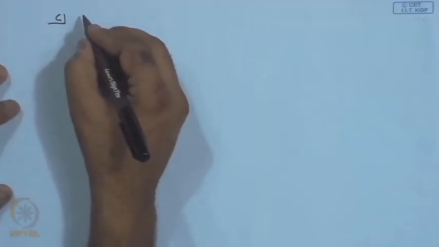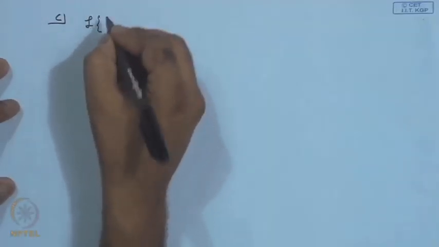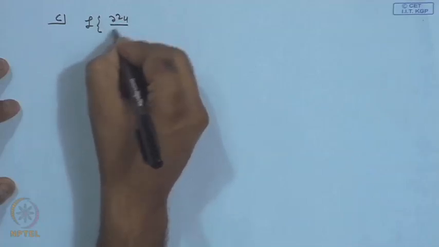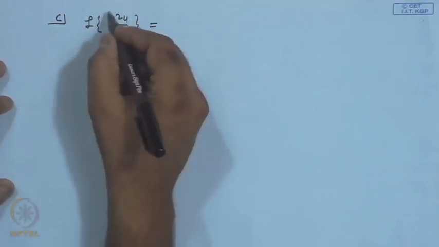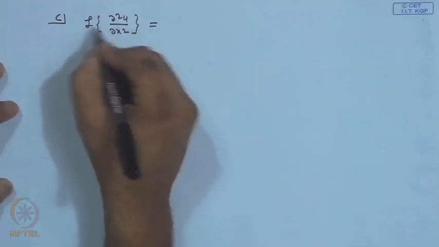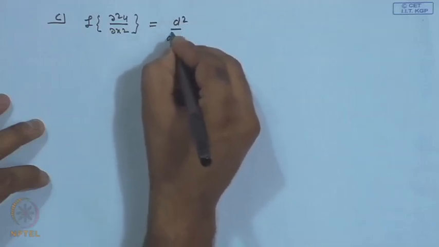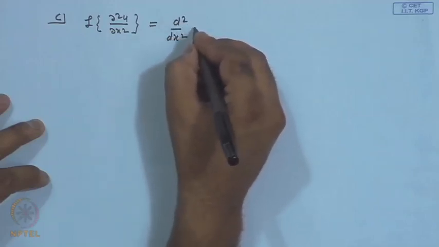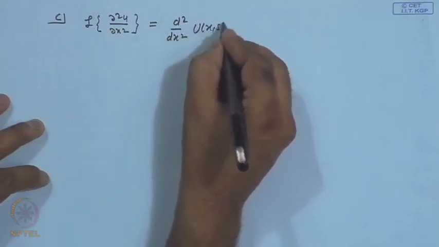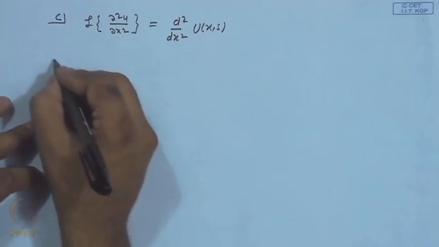Now, we do need this again for the second derivative. So, we have the Laplace transform of del 2 u over del x square, and here we do not have to prove it because we already did it for the single variable. So, the Laplace transform of this double derivative will be the double derivative of the Laplace transform of u, that is U(x,s).